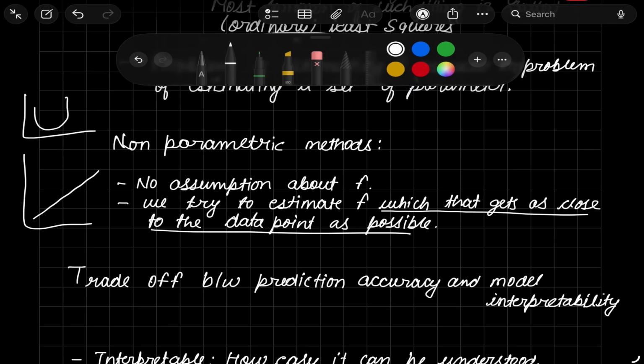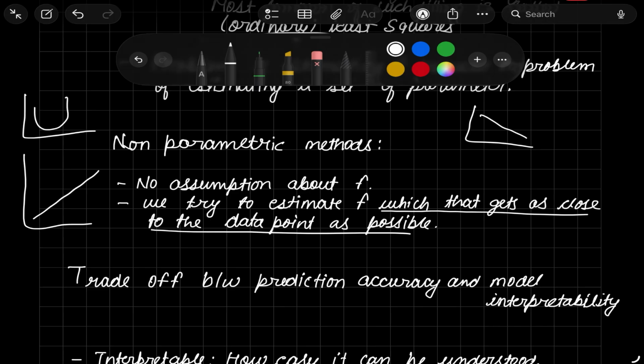It can be linear, quadratic or u-shaped, or declining, a negative relationship. This needs a large amount of data and a large set of parameters to find these values. So we can estimate f in a parametric way or a non-parametric way.